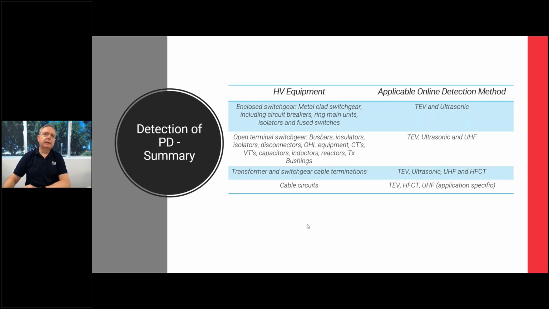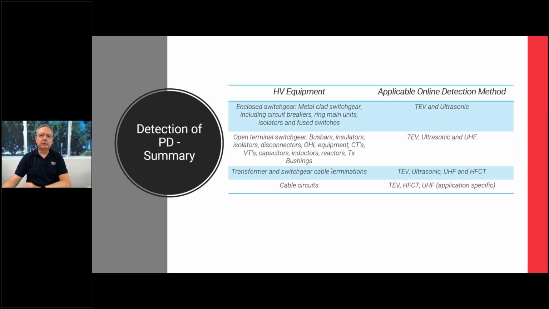Where we actually do use it: for enclosed, metal clad switchgear, we typically use the TEV and the ultrasonic. Those are the primary techniques for that. When we go into open terminal type equipment and overhead lines, we'll use TEV, ultrasonic, and UHF, where we want to ignore the coronas and we want to do things from a distance.